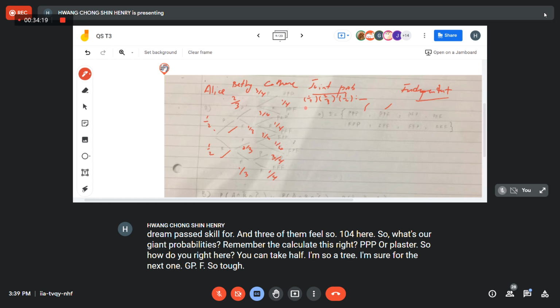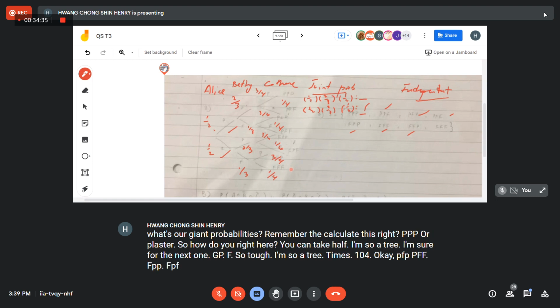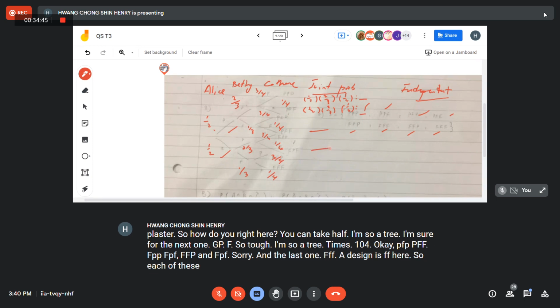So half times 2 over 3 times 1 over 4. Okay, PFP, PFF, FPP, FPF, FFP, and the last one, FFF. So each of these joint probabilities you have to write down. They are altogether 8.